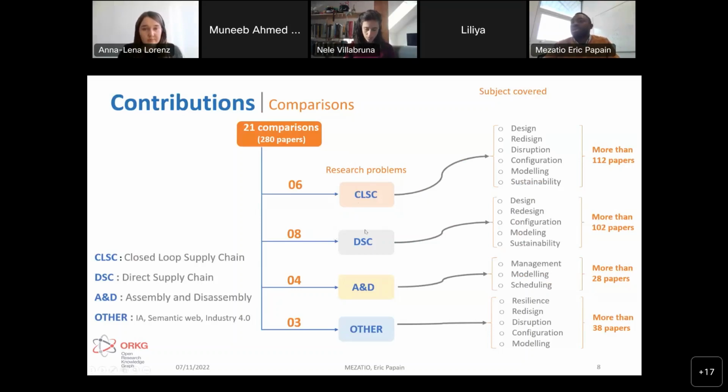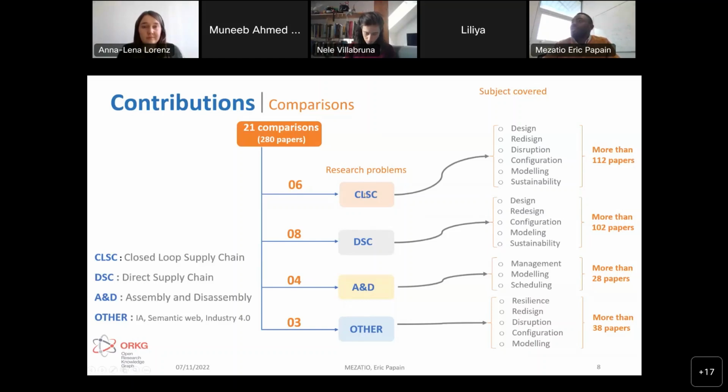The second concerns the direct supply chain. The third concerns assembly and disassembly in inventory management, and the other one concerns a lot of subjects of interest in the domain of supply chain, like artificial intelligence, semantic web, and industry 4.0.